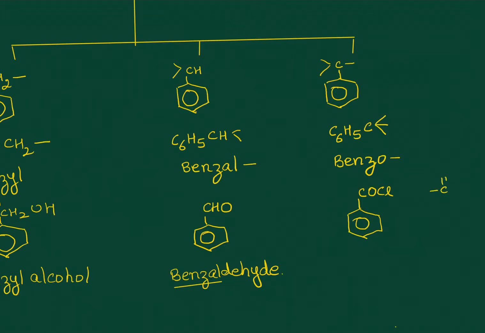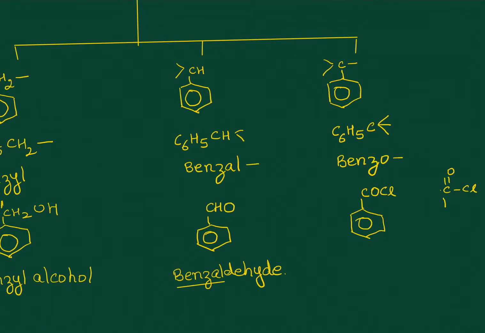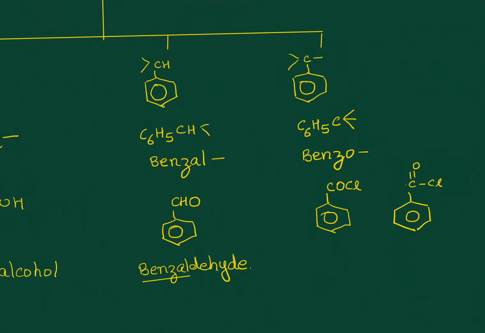Just spread it out, C double bond OCl, right? And here we've got the benzene ring attached at the bottom, right? So this becomes the benzo and there is chloride. So this was in the common system named as benzoyl chloride.